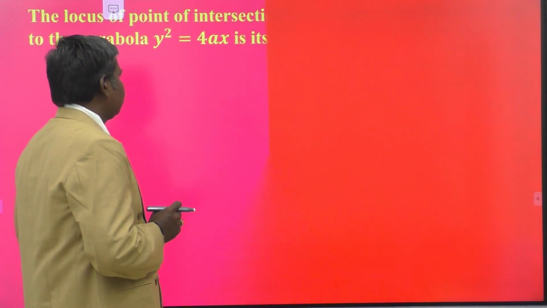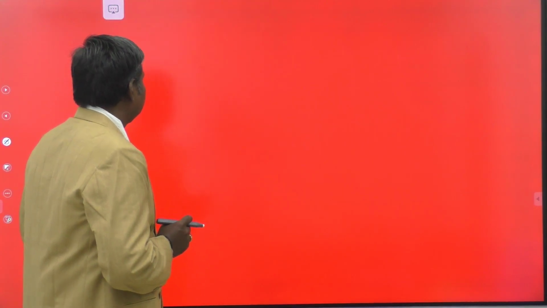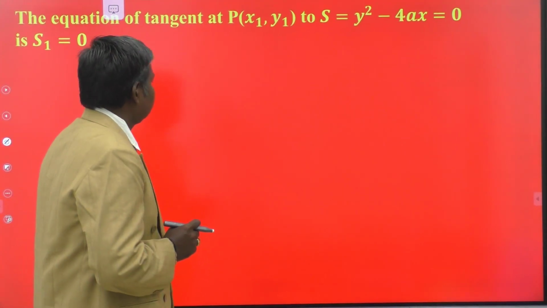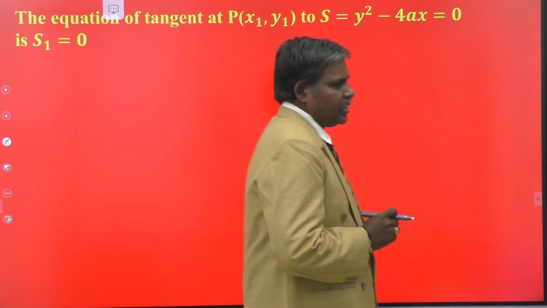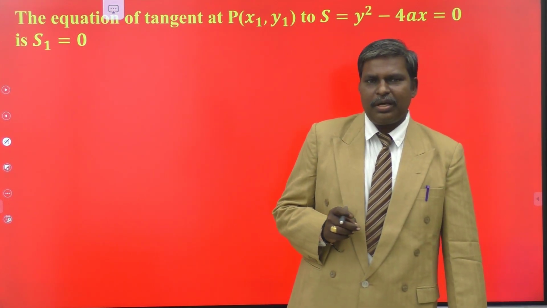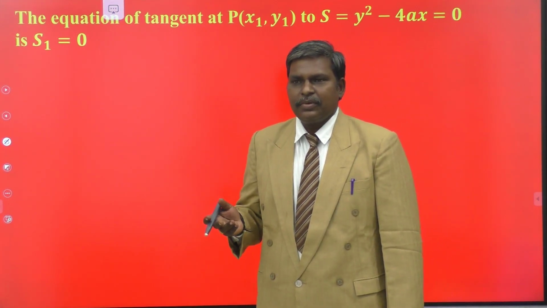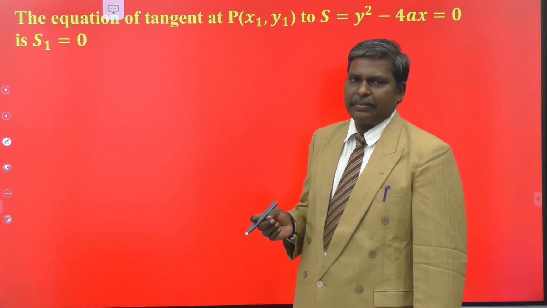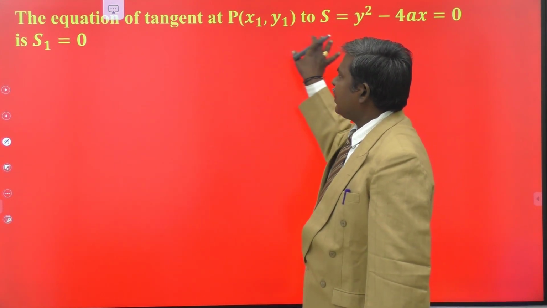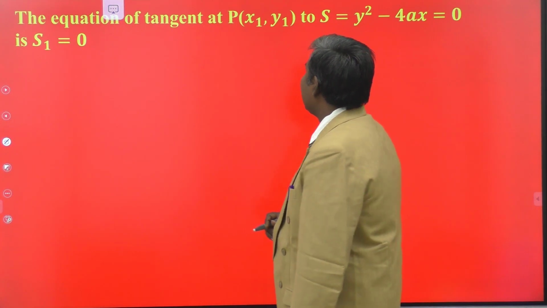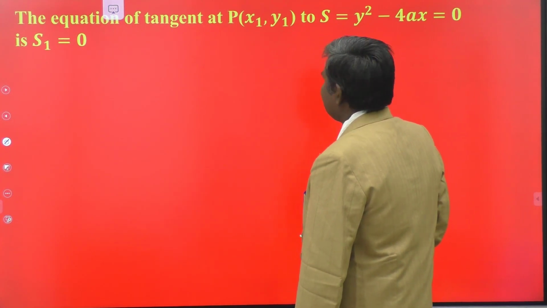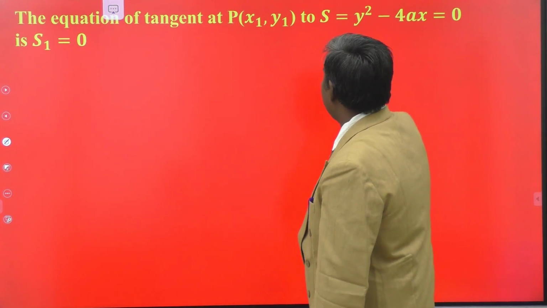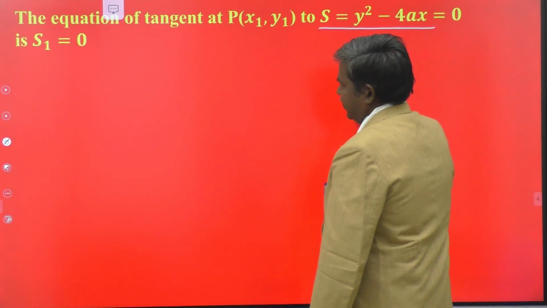Next one. So we discussed the general tangent to the parabola: y = mx + a/m. The equation of the tangent at P(x1, y1) to the parabola S = 0 is S1 = 0. This is about a particular tangent.